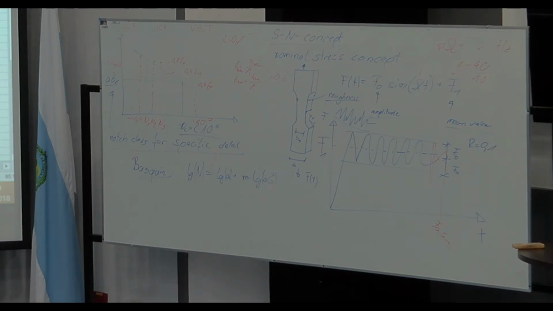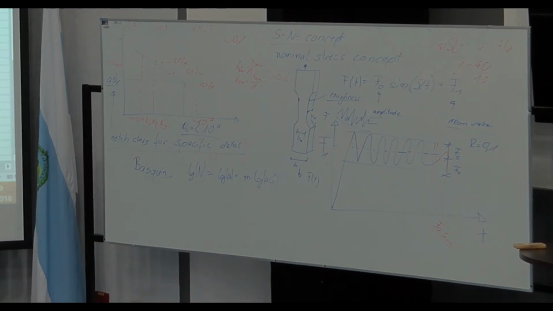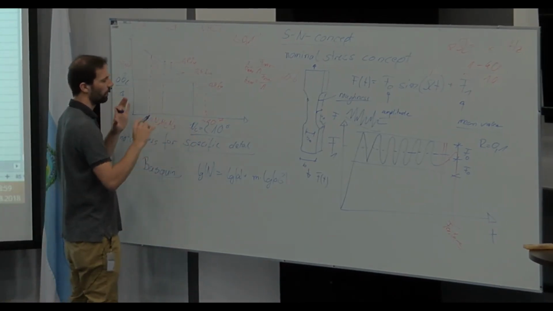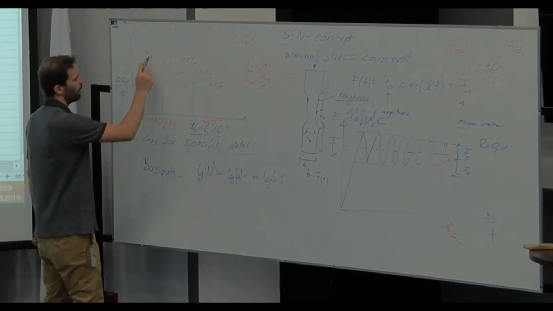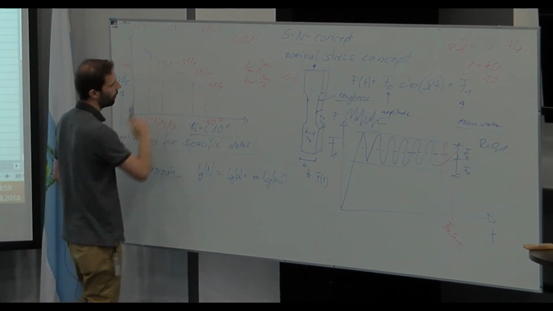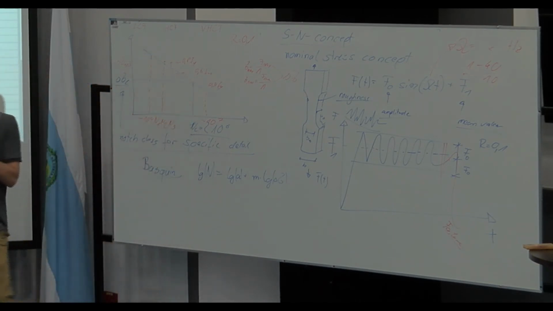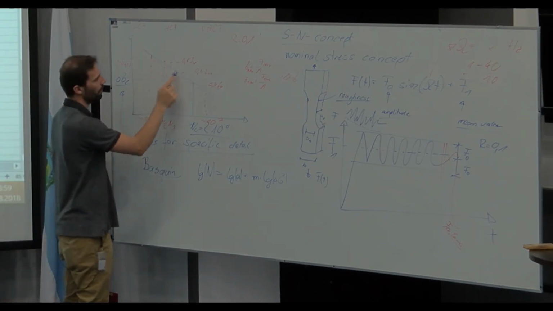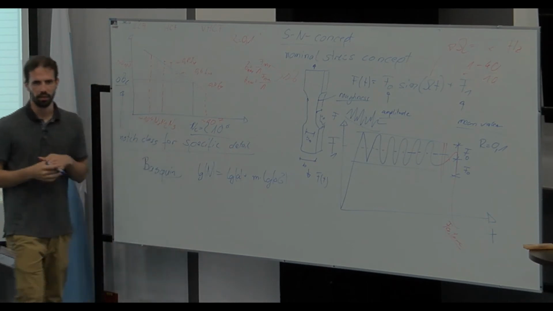It is a linear curve which describes in a double logarithmic space the regression curve, and so the mean value of our testing.